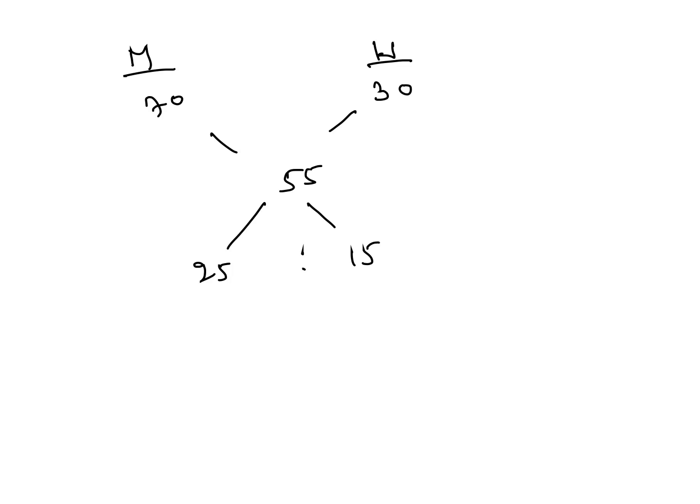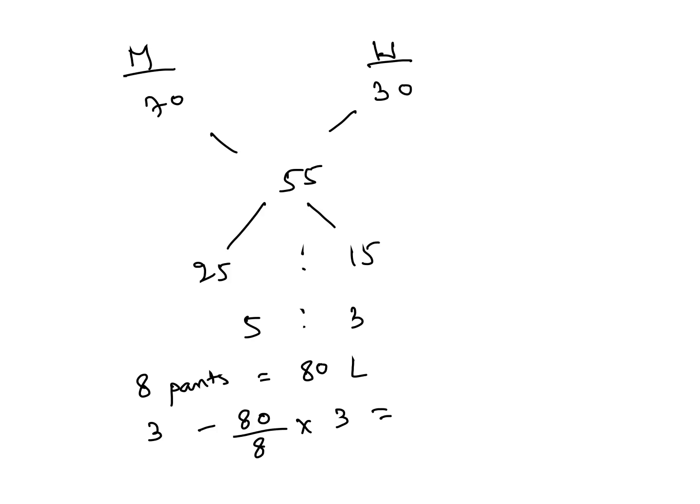So total 8 parts is 80 liter, and water initial volume we have to calculate. So 3 parts is water, 3 into 10 you will get 30 liters. I don't know whether my method is correct or not, but official answer is 30 liter.